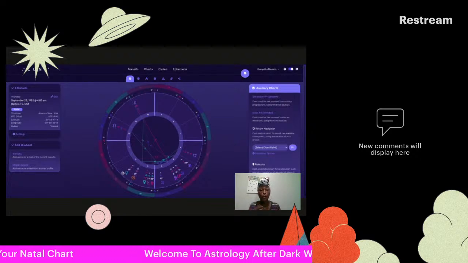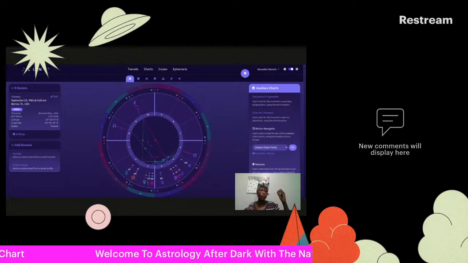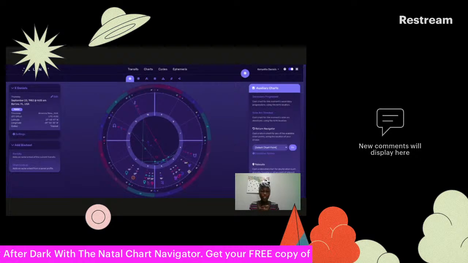Okay, and so when you have Neptune square your Venus like this, it's two energies that are very incompatible, very different. And so it makes you have to work much harder when it comes to the things of this Venus.